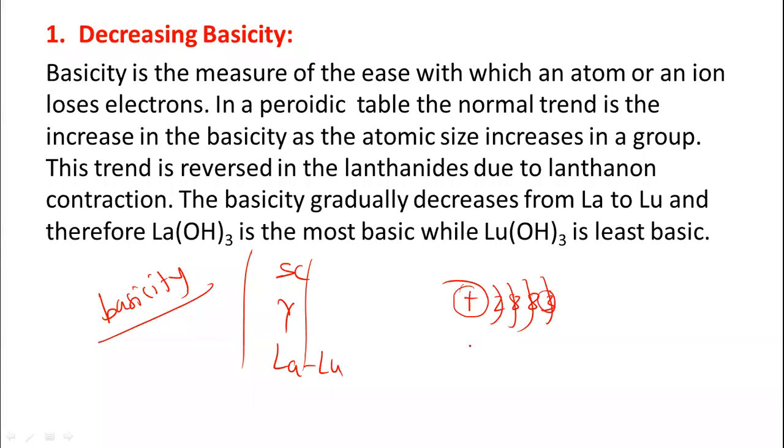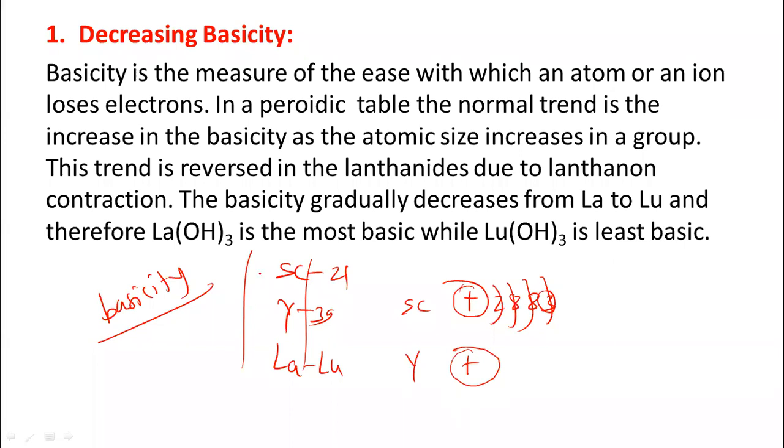The next element, yttrium, has atomic number 39. Scandium, 21, has 4 energy levels.